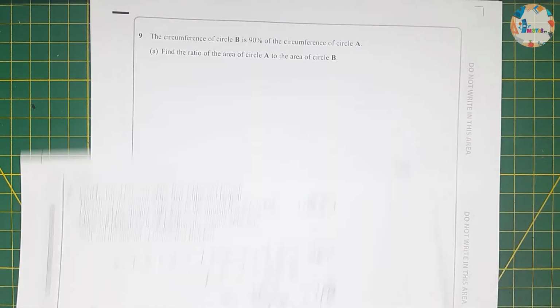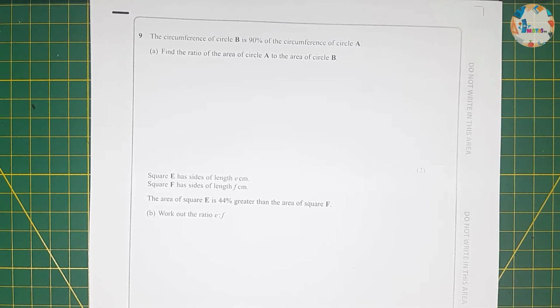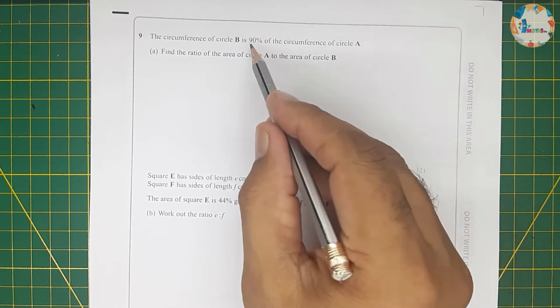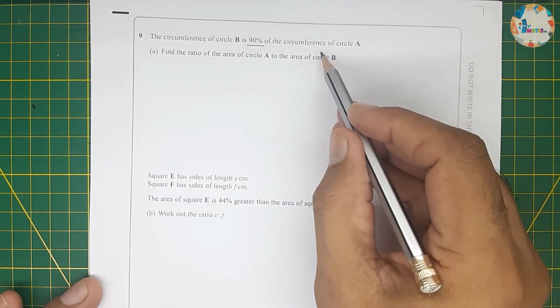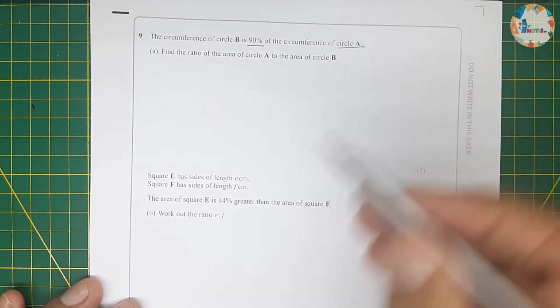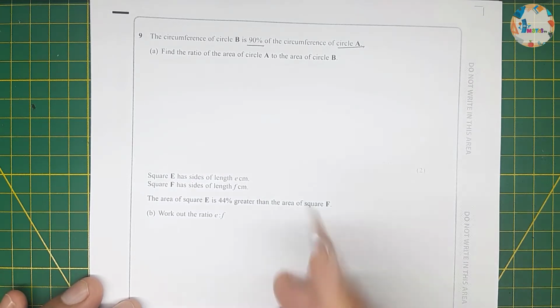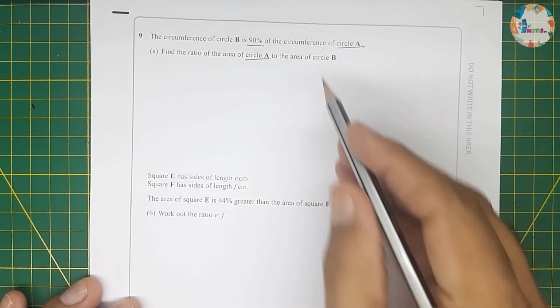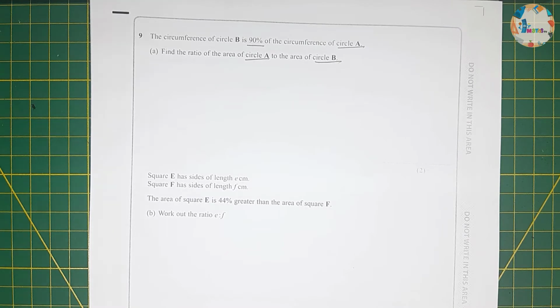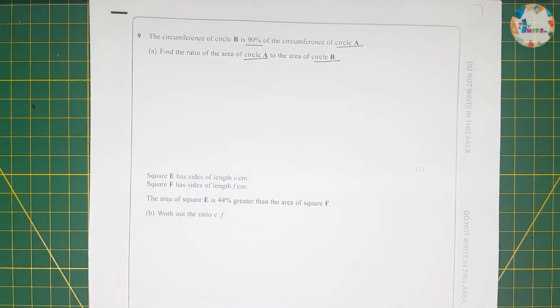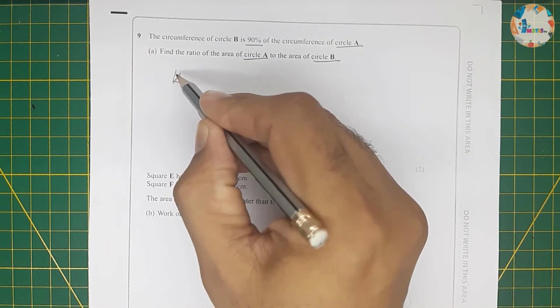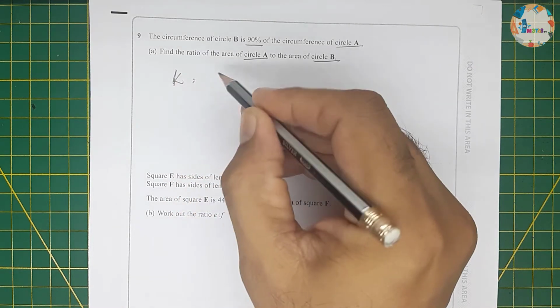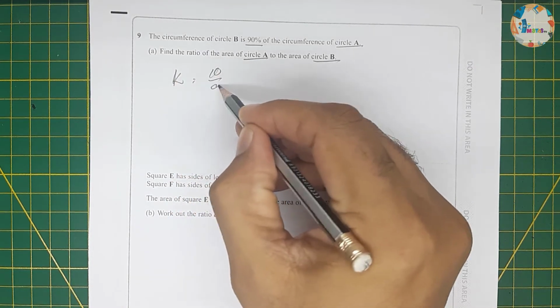Hopefully you got this. Now question number 9: the circumference of circle B is 90% of the circumference of circle A. Find the ratio of the area of circle A to the area of circle B. For this one, we can write the K factor ratio will be equal to 10:9.